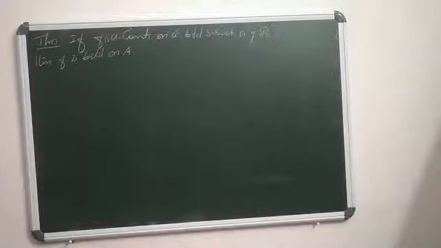So the proof depends heavily upon the boundedness behavior of this A. When a set A is bounded, it is covered by finitely many balls of some positive radius, delta or epsilon, whatever it may be.